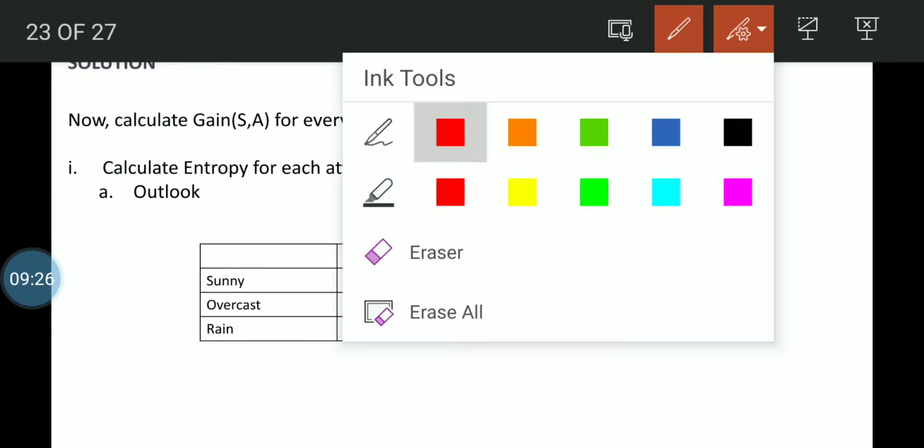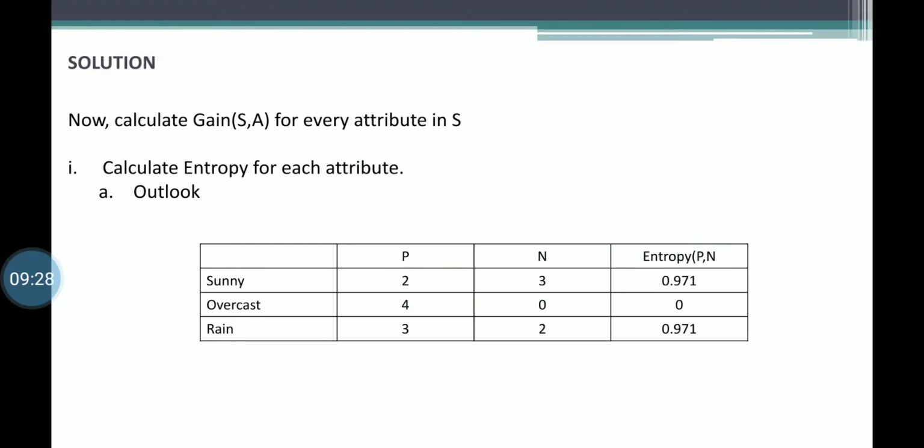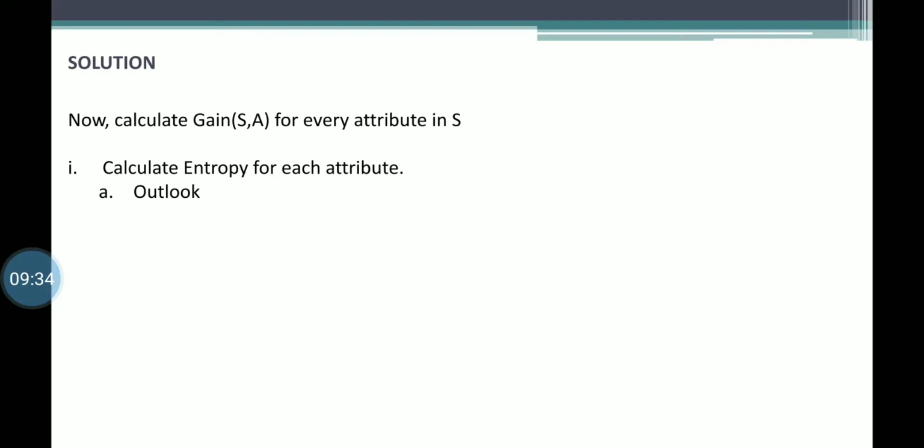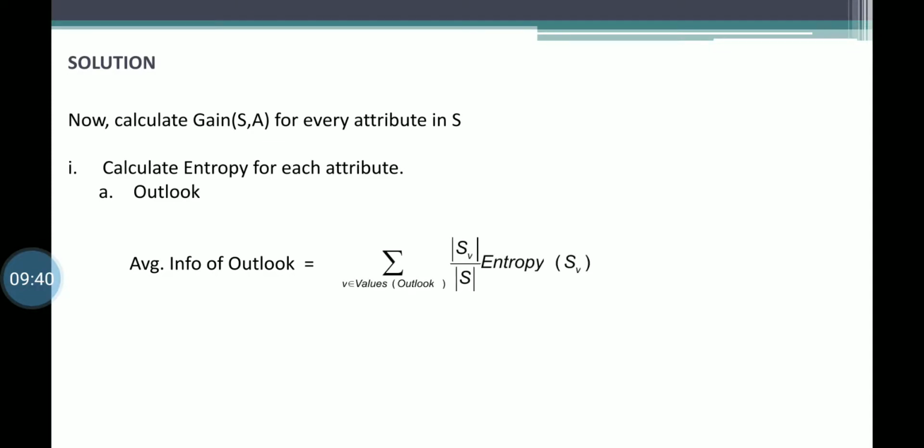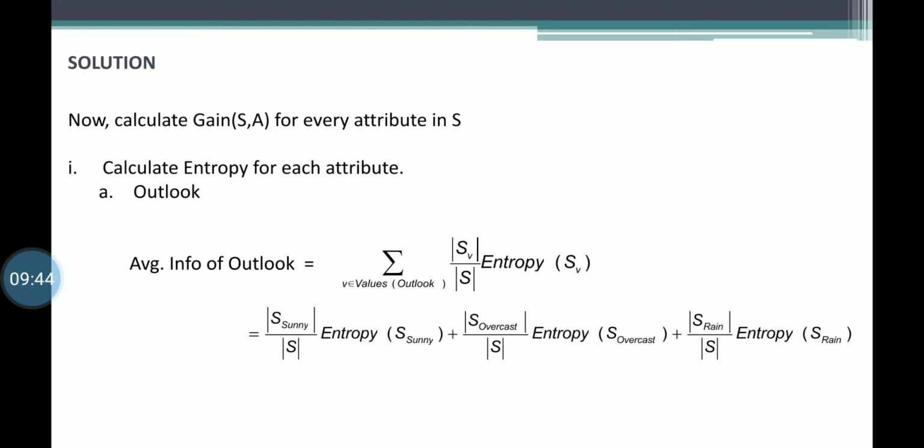There are 5 samples which are having sunny as the value, 4 samples having overcast as the value, and 5 samples having rain as the value. So using those values, we can calculate the average info for outlook: sigma of these values multiplied by the entropy. On elaboration, V will be replaced by sunny, then overcast, then rain, summation of those terms.